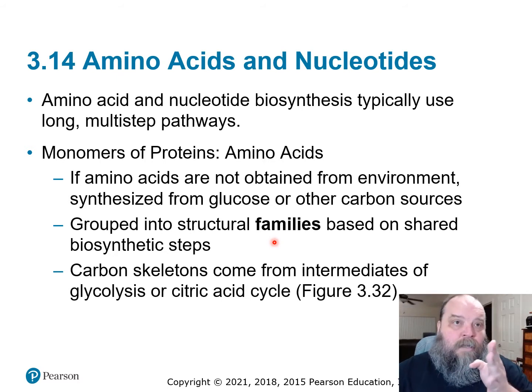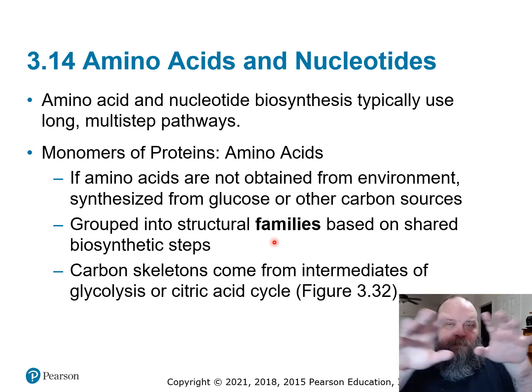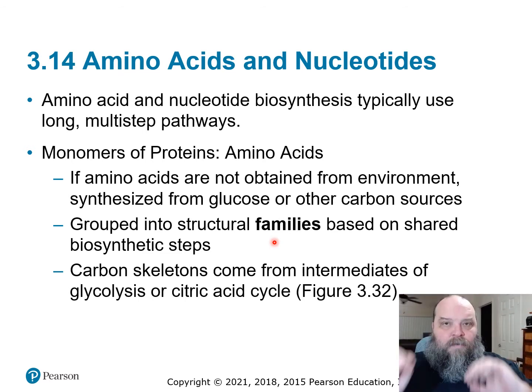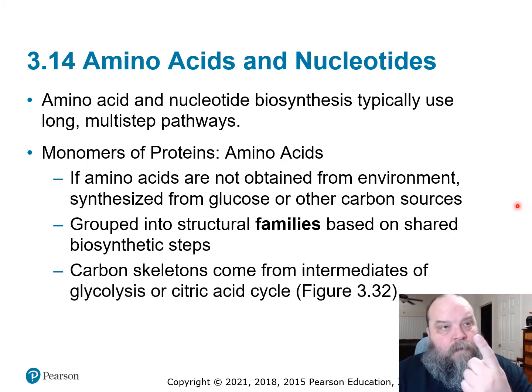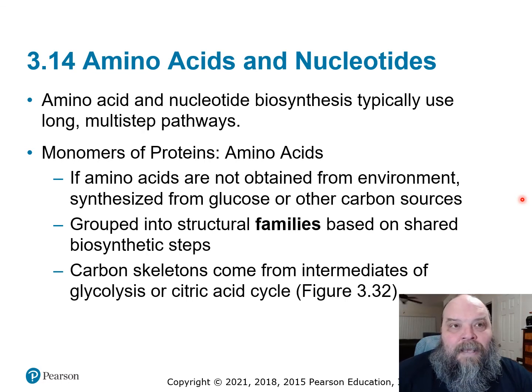You make one, then that product splits off and can now make others based on that one as a precursor. Got to remember, when it comes right down to it, this is all carbon skeletons. You know, an amino group, an alpha carbon, a carboxyl, and then some form of an R group off of the alpha carbon.